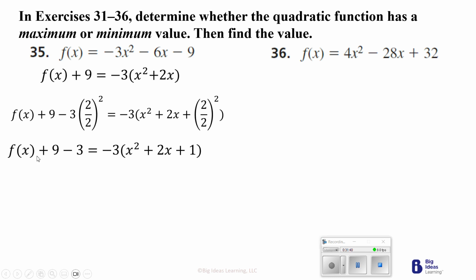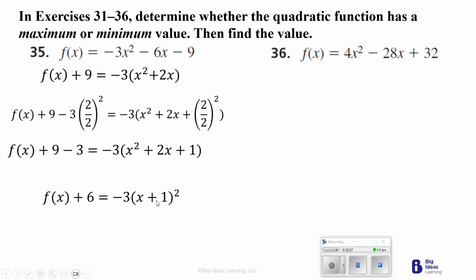So over here, we're going to have f of x plus 9 minus 3, and then times 1, right? So that just stays the same. And then we have a negative 3 times x squared plus 2x. And as I said, 2 divided by 2 is 1. 1 times 1 is 1. Now, we see here we've got x, the plus sign comes down and the 1.